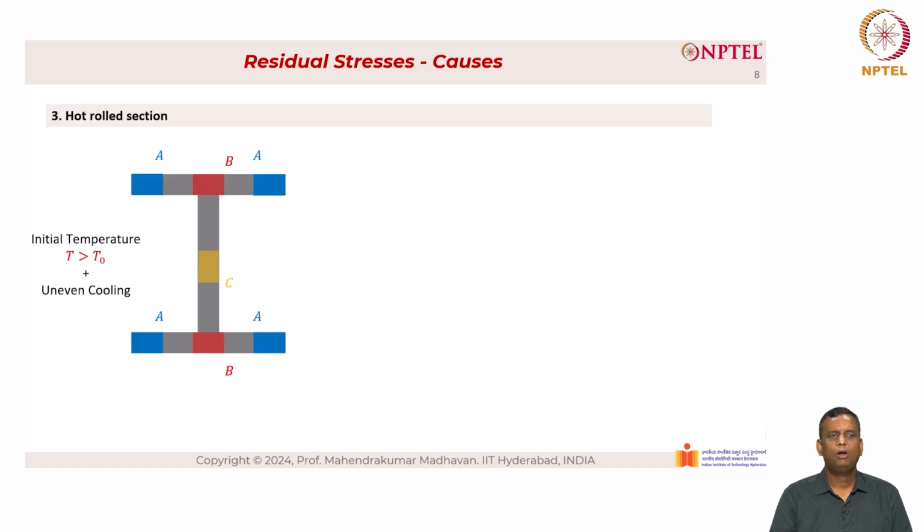So when we have a hot rolled steel section, when the initial temperature is greater than T naught and there is uneven cooling, we have different zones which experience different residual stresses.